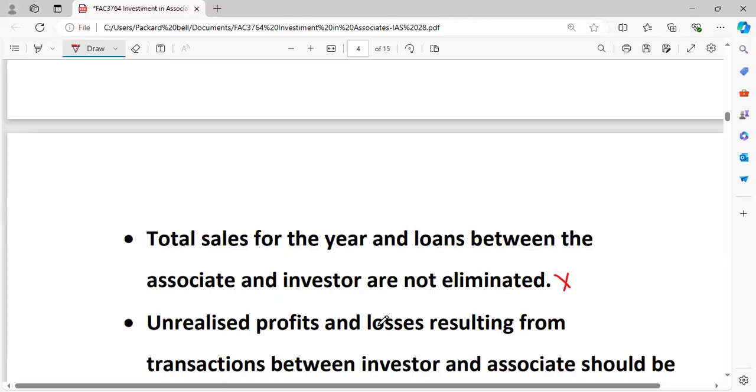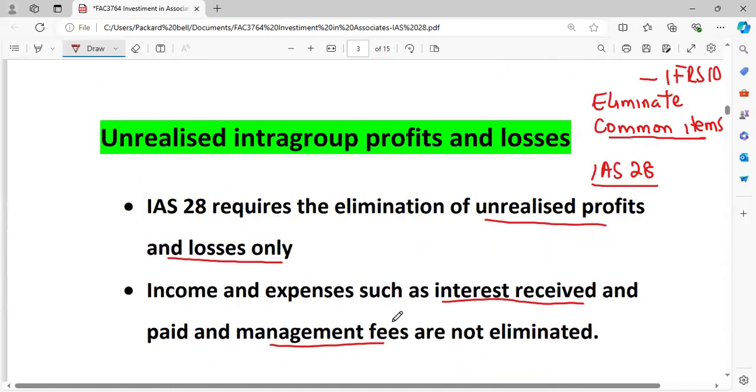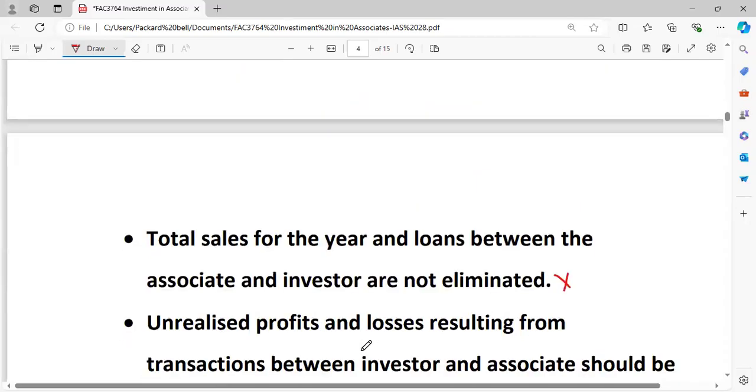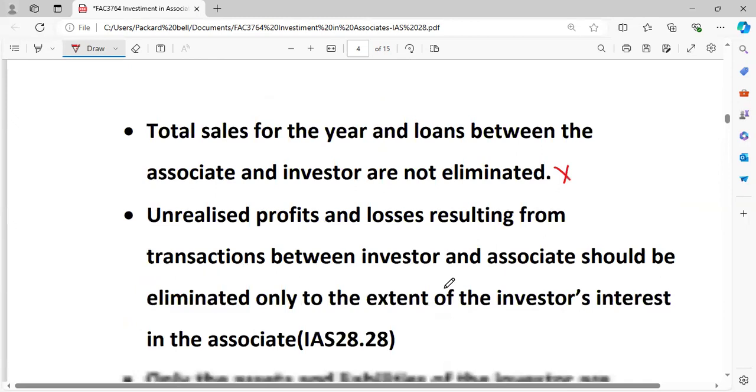As long as it is not an unrealized profit or loss, you don't do anything with it. So that's another key area that we should look at when we are answering our question. When we do our elimination, we only eliminate unrealized profits and losses only. These management fees between the associate and the investor, we are not going to eliminate them. The total sales for the year and loans between the associate and investor, we don't eliminate those ones.